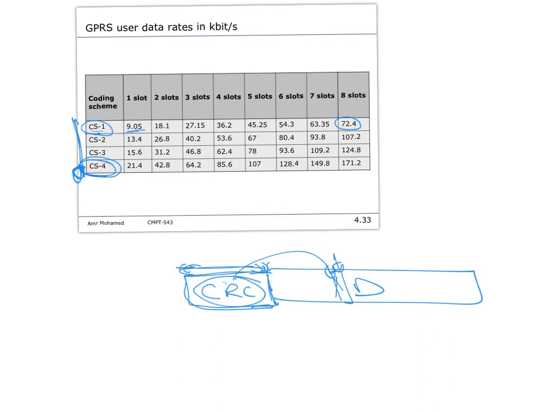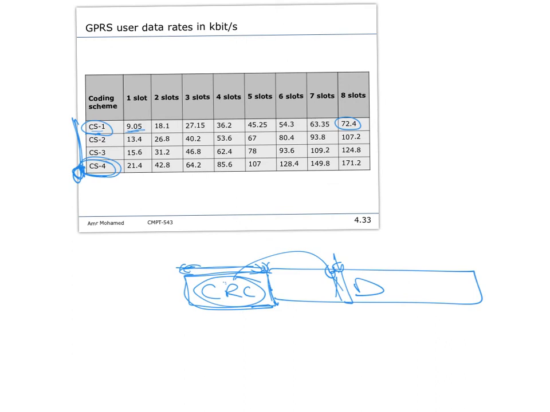Okay? So based on this table, you can estimate the data rate that this user can get based on the class of the mobile station. Based on the class of the mobile station and the coding scheme, you can estimate the maximum uplink data rate and downlink data rate.